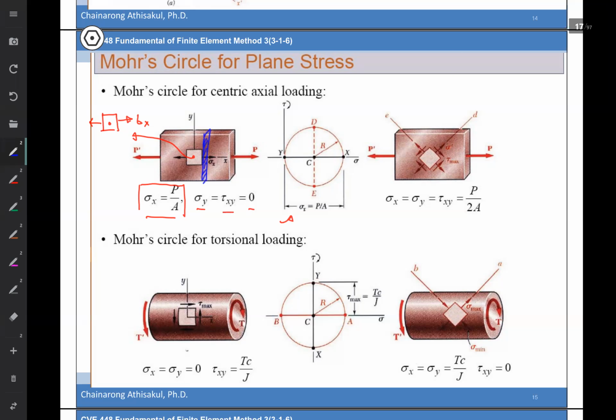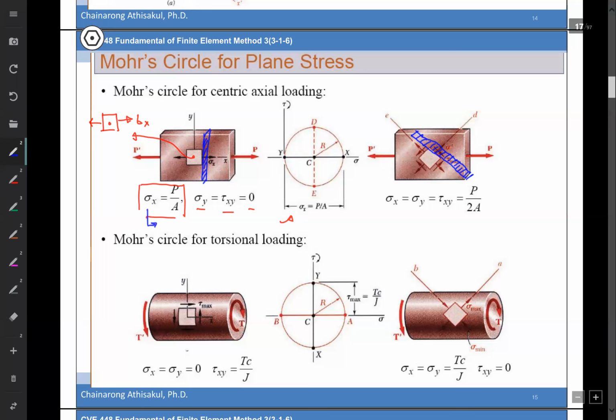But if we consider the stress along this plane instead, we will find the components of the normal stress, which for this case is the principal stress.